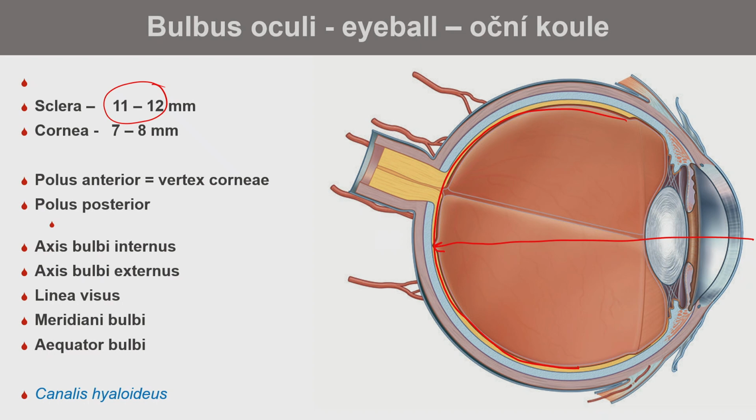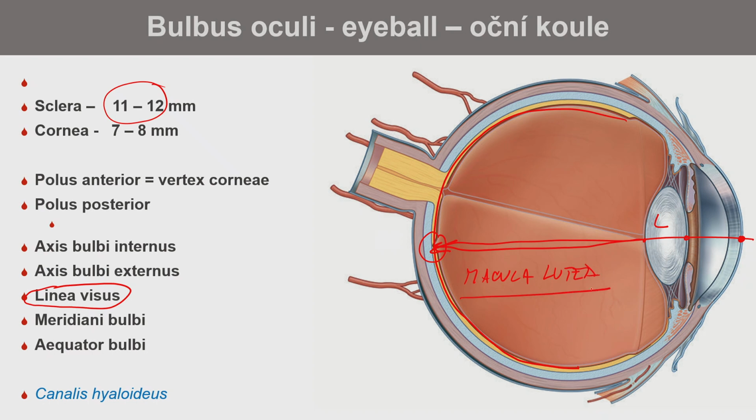The line where the ideal perception of the light is called linea visus. Linea visus is going, in the ideal situation, through the anterior and posterior pole of the lens, and then is crossing the whole eyeball through the vitreal body and falling into the region which is called macula lutea.